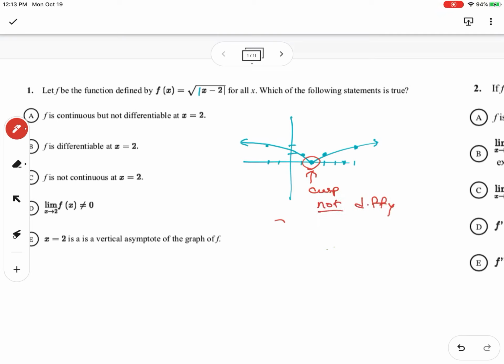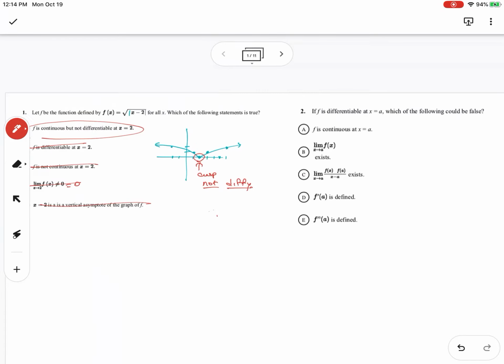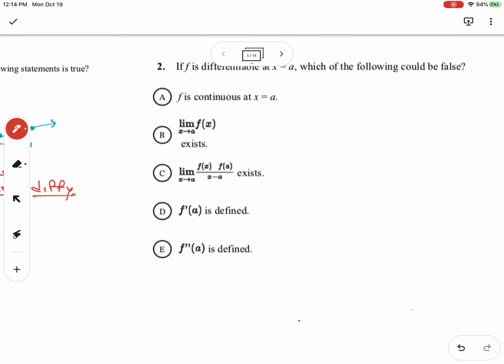And I know that at a cusp it's not differentiable, because that was one of the 3 scenarios we talked about where it would be not differentiable. So I already know this is out. It's continuous, so the limit as x goes to 2 does equal 0, that's true. And it's not a vertical tangent, so the answer has to be A.